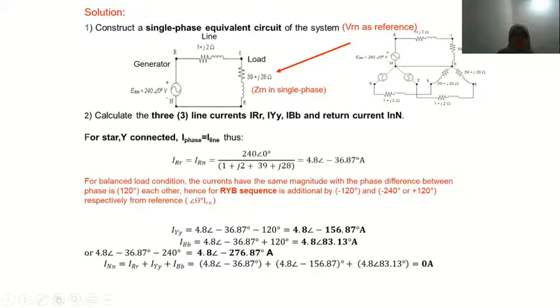For the neutral or return current INN, we get it from the summation of IRR, IYY plus IBB. If the system is in balance condition, you will have the neutral current as 0 ampere.